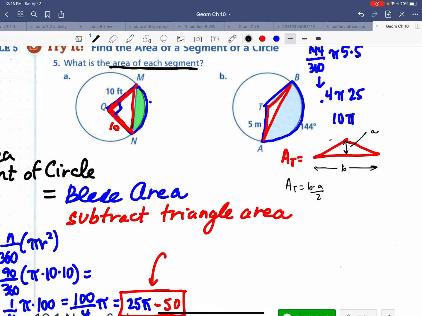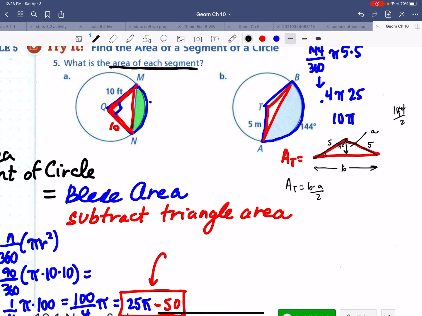The only thing I know is that's 5 and that's 5. Those were my radii. I also know that this big angle is 144. So if I cut that angle in half, 144 divided by 2, I get 72. So that's 72 degrees.